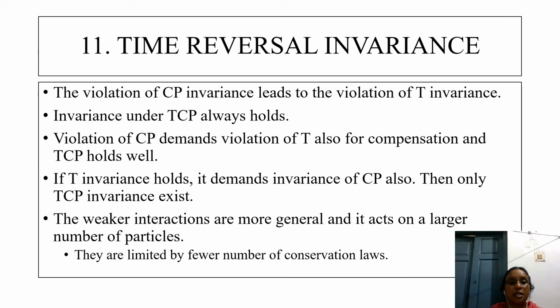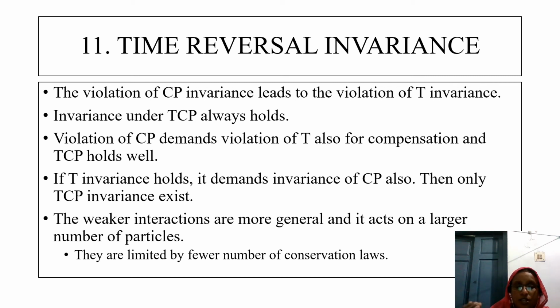So, if the CP violation happens in an interaction, then it should violate time reversal also, such that they compensate each other and the invariance of TCP holds. Similarly, if T invariance holds, it demands invariance of CP also. Then only TCP invariance exists.